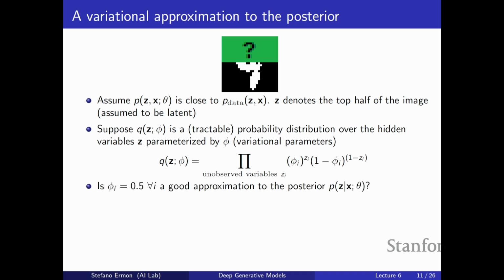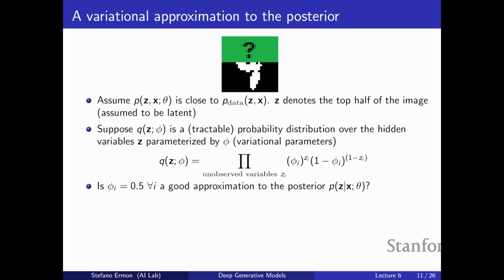And you can see that what's a good approximation depends on the bottom half of the image. If you get to see this part, would you choose phi_i equal to 0.5 as your approximation of the posterior? Which basically means the way you're going to guess the missing values is by randomly flipping a coin on each location.